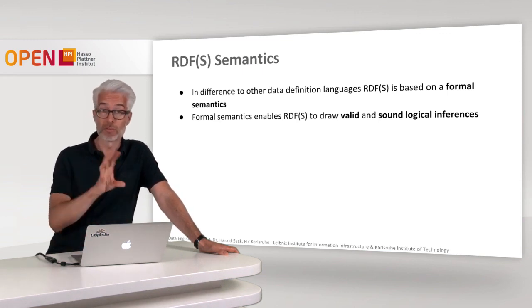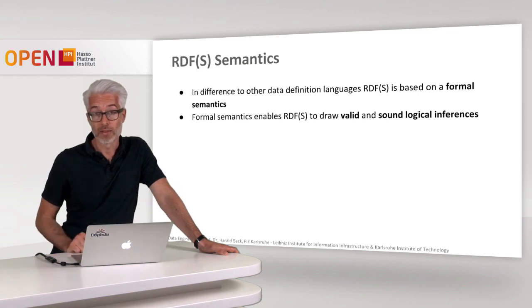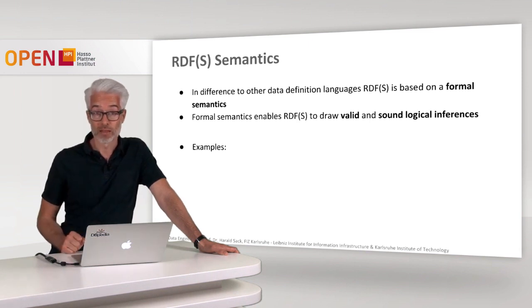And for this, of course, you need a mathematical model behind the data definition language, and this exists here. And we will see how we can exploit this, how we can make use of that.